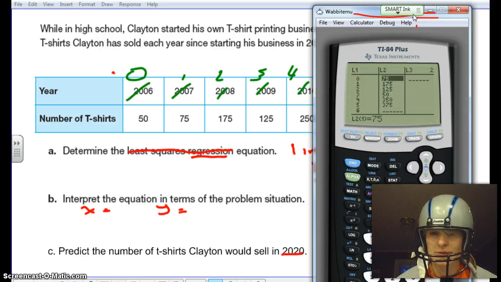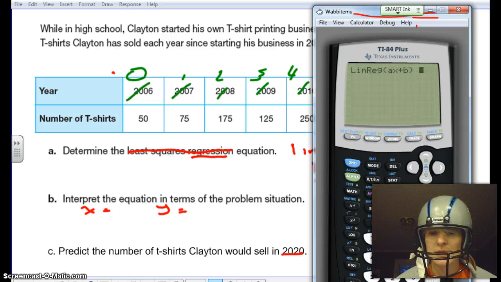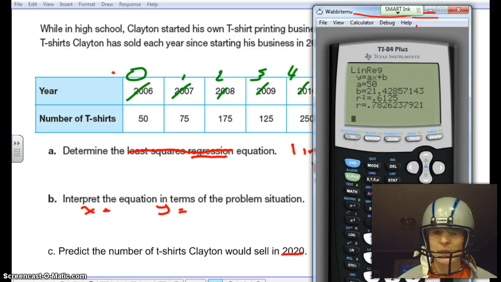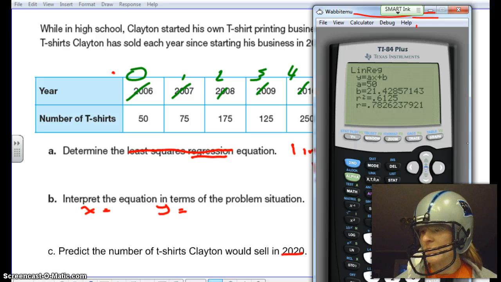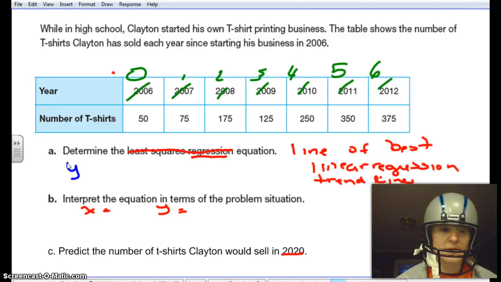Okay, now something's wrong. Oh, I just deleted that. Whoops. So I accidentally deleted 50, so I can do second insert, and then I can put 50 back in. Okay, so then like normal, we're going to go stat, calc, 4, enter, and then I have my least squares regression line, so I can just write that out right here.